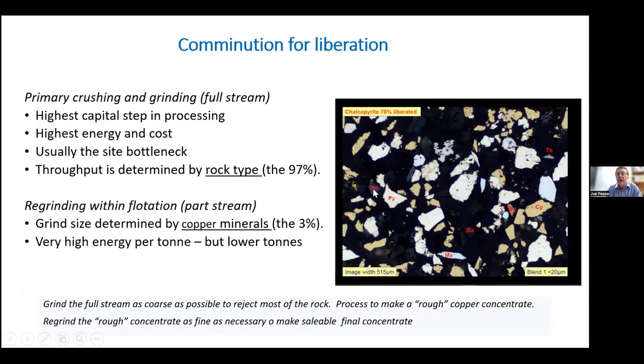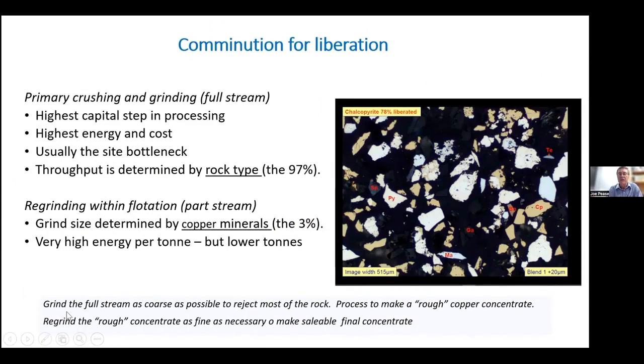And that's the size of the particles or the minerals we're trying to separate from each other. You can see some are quite evenly associated with each other, and they may need very fine regrinding to liberate those minerals from each other. That, you can imagine, is very high energy per tonne, but fortunately it's on much lower feed tonnage because we've already got rid of maybe 97% of the rock that doesn't hold the minerals.